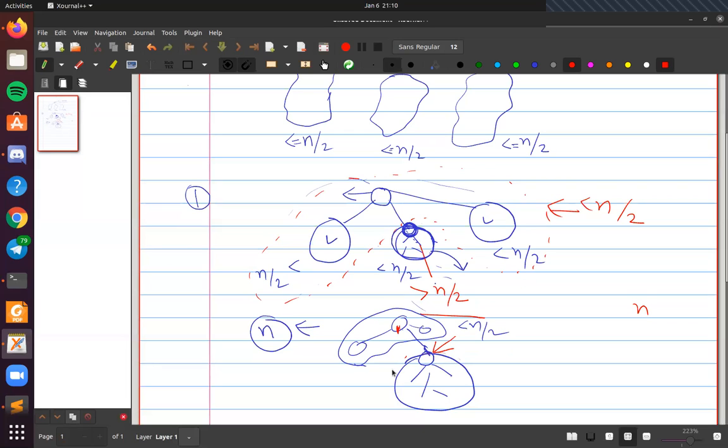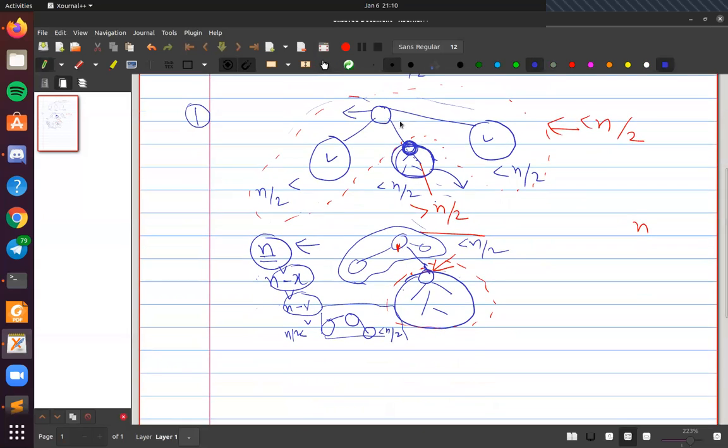Now I consider only this tree. Initially I had n nodes, then fewer than n, so the number keeps reducing. Eventually it comes down such that all the subtrees have less than n by 2 nodes, because the numbers are continuously reducing. Even if it is a single node, it must end at a centroid.